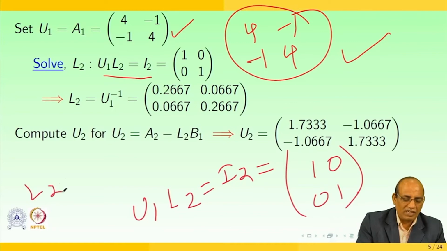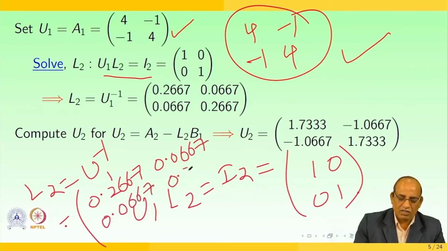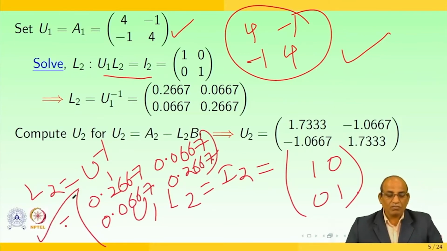Computing this, L2 is nothing but U1 inverse times -1, which turns out to be 0.2667, 0.0667, 0.0667, 0.2667. This is what I obtained here.